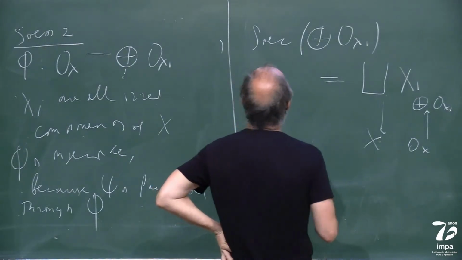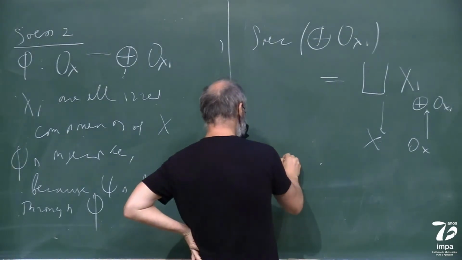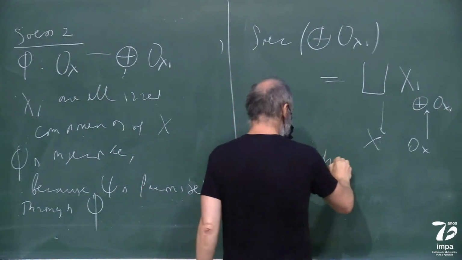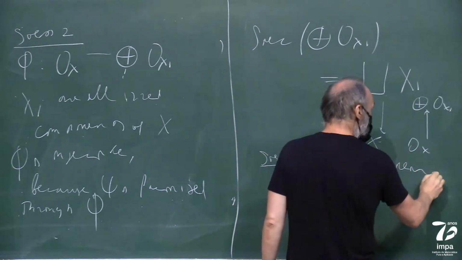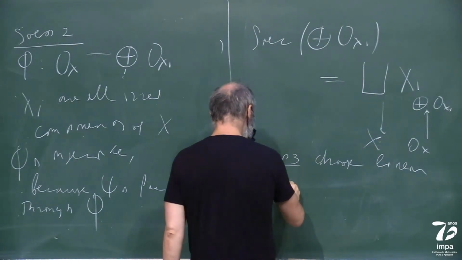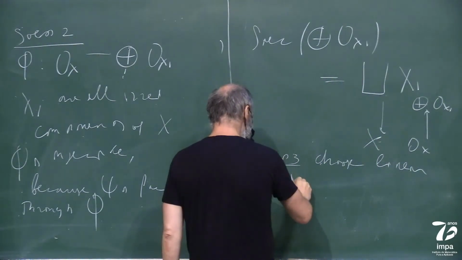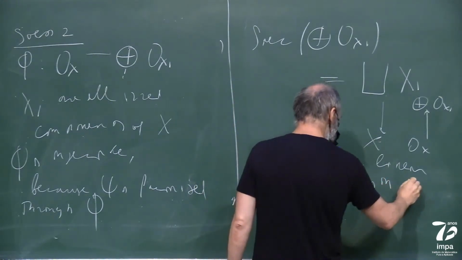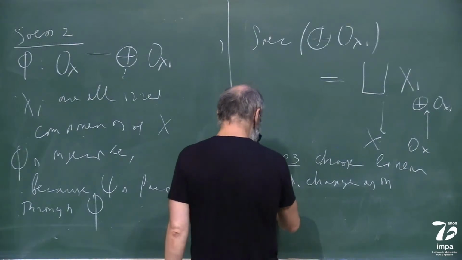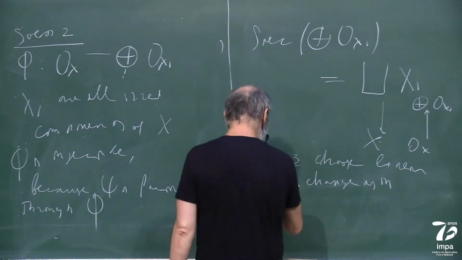Okay, now step 3. We choose a linear coordinate change, as in this corollary 1, which is Noether normalization.